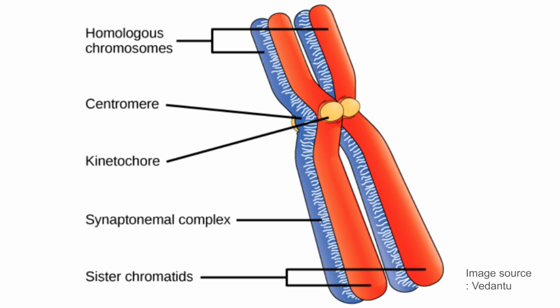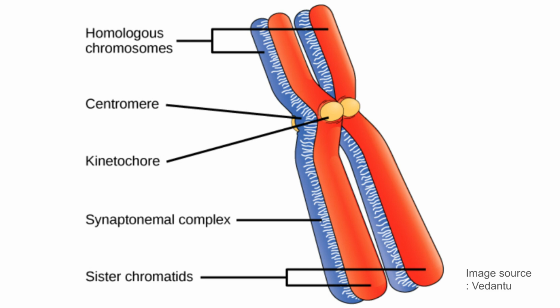Now, if you look carefully at this diagram, you will also notice a long word there, synaptonemal complex. It is a special structure that forms during meiosis when chromosomes pair up with their homologous partners.